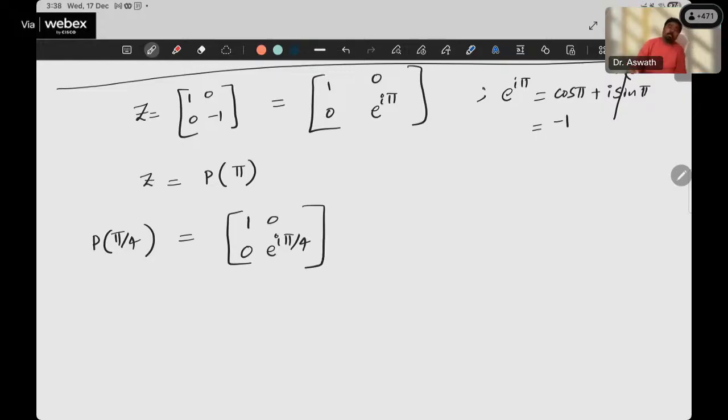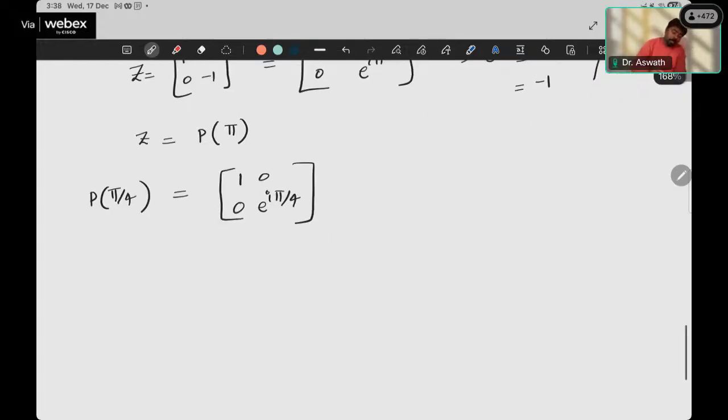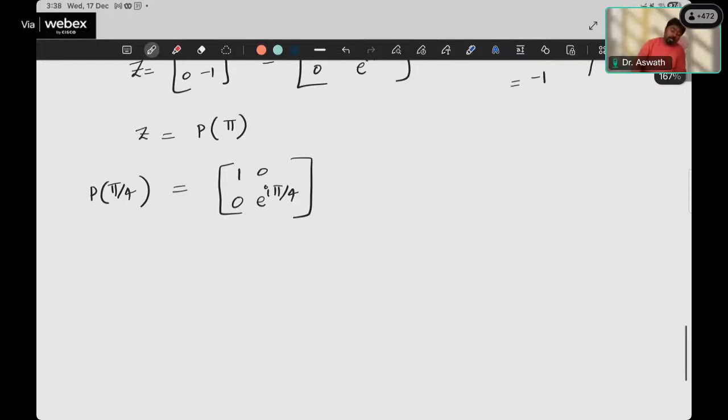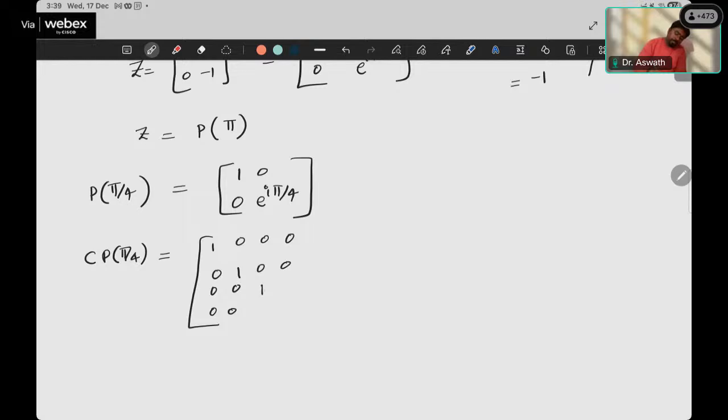Now I don't want just a phase gate, I want a controlled phase gate, which would be similar to controlled-NOT. Okay, right? In place of NOT, I'll have a phase. Okay, this is a controlled phase gate.